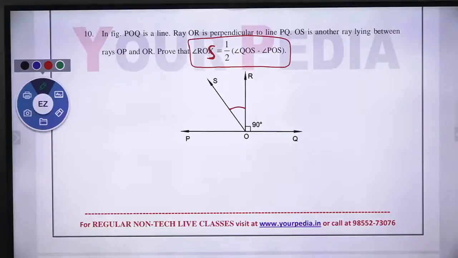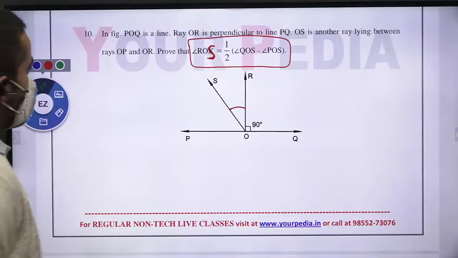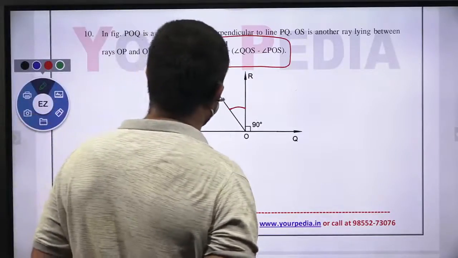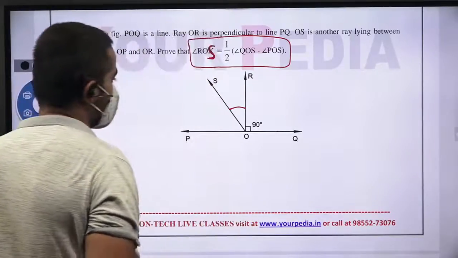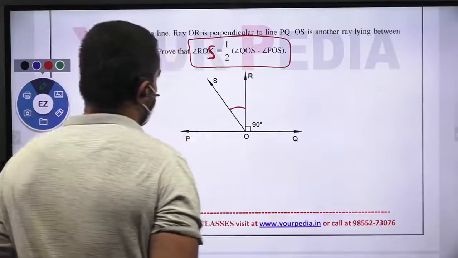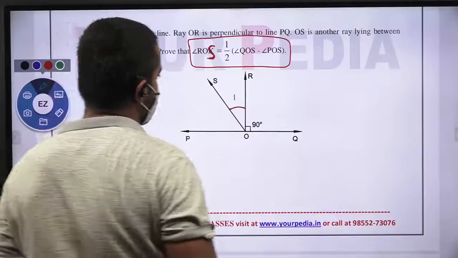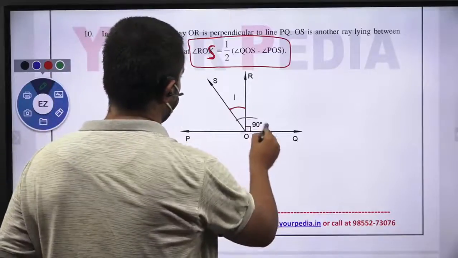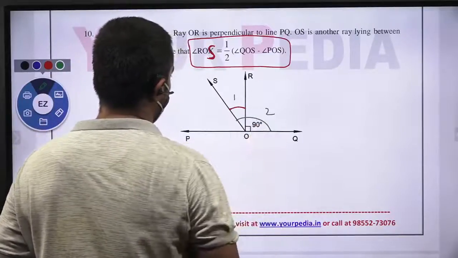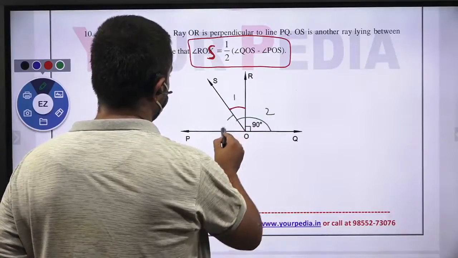So this angle we need to find out, and we need to prove this in terms of this. Of course, you can give it some name also. Let's do the naming. That is QOS, so that is 2. And POS, this is 3.